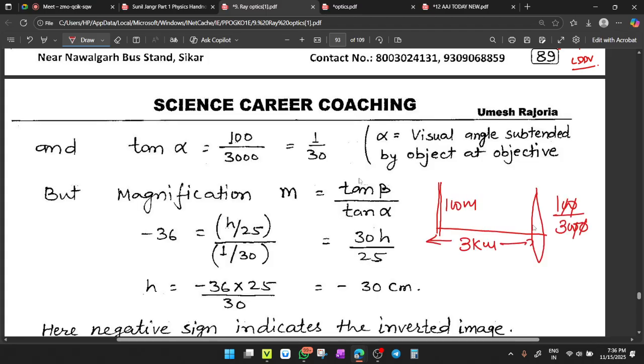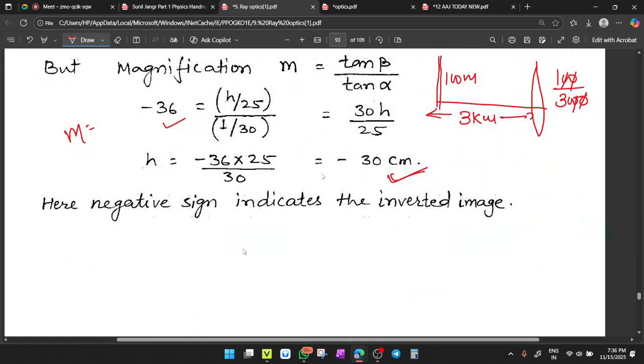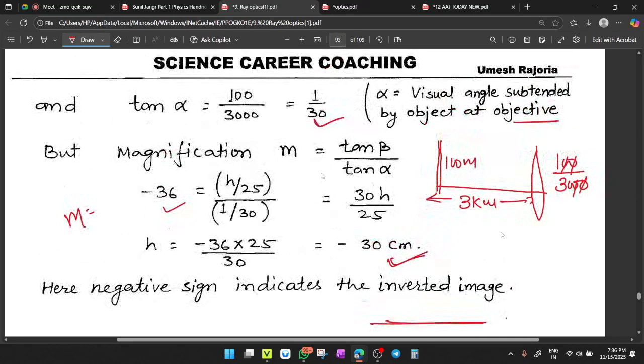Now, two zeros get cancelled and it becomes 1 upon 30. So alpha is the visual angle subtended by the object at the objective. Clear? So by this, minus 36 equals tan beta upon tan alpha. Place these values here and you will have h equal to minus 30 centimeter. The negative sign indicates that the image is inverted. Okay, noted.